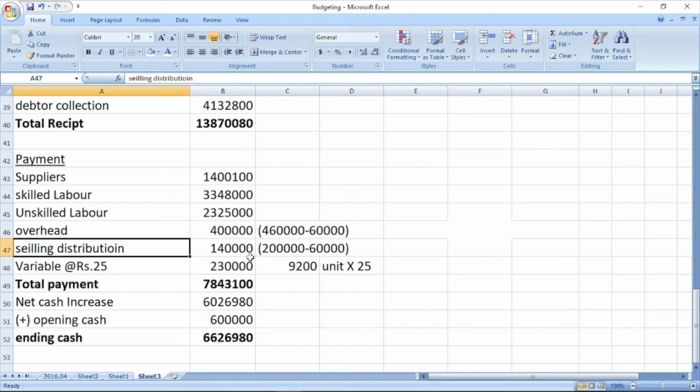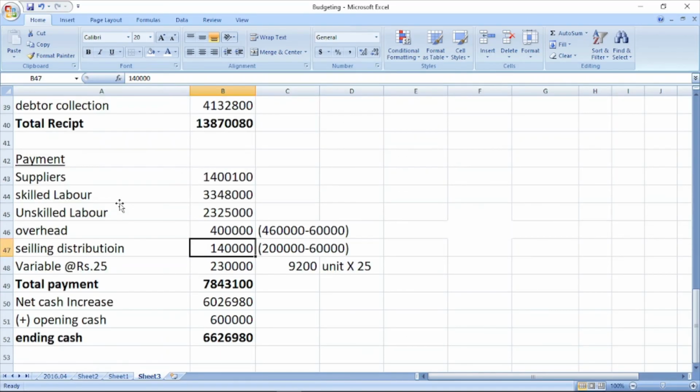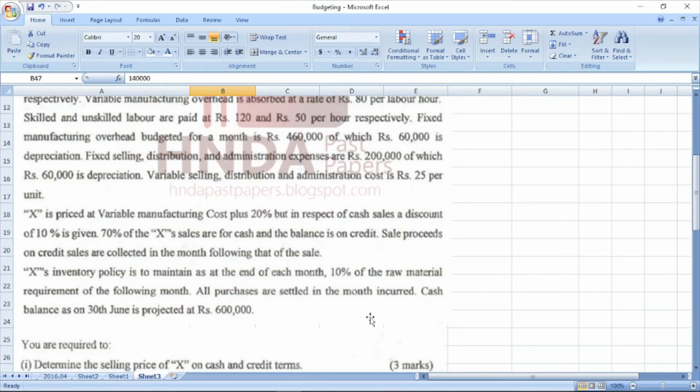And selling and distribution, how do we get selling and distribution? The 200,000 of which 60,000 is depreciation, so 200,000 minus 60,000, we can enter 140,000 selling and distribution. So variable cost mentioned here.